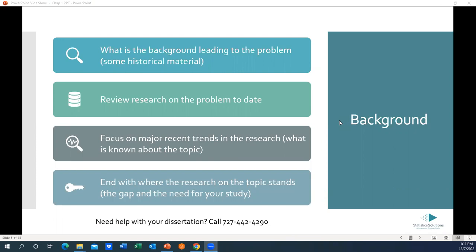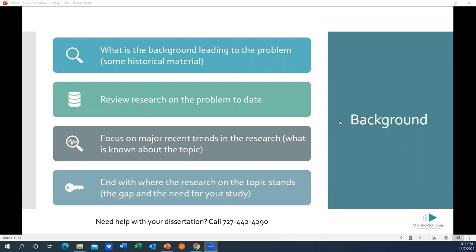And also, it's not just the issue itself, it's also the research. This is important. I find people usually do a pretty good job of giving a background on the issue or the topic, but sometimes they fail to give enough attention to the research that has been done on the topic. That's part of the background.